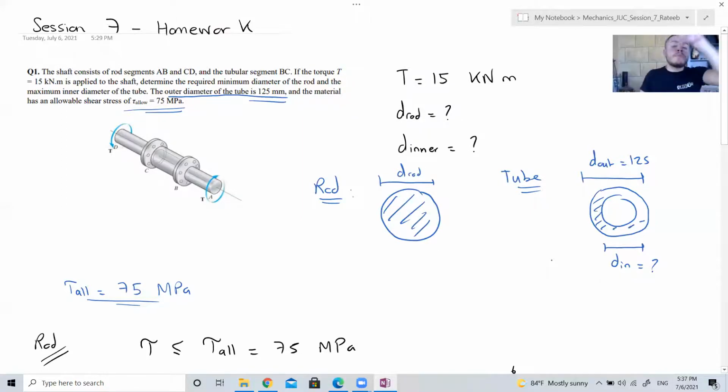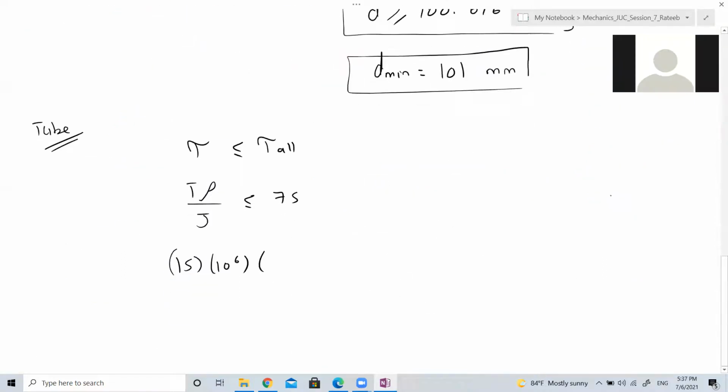Where is the maximum shear stress occurring? On the outer boundary. So here you need to take R out, this distance. How much is this distance from here to here? The diameter is 125. How much is the radius? Half. So here you put 125 over 2.